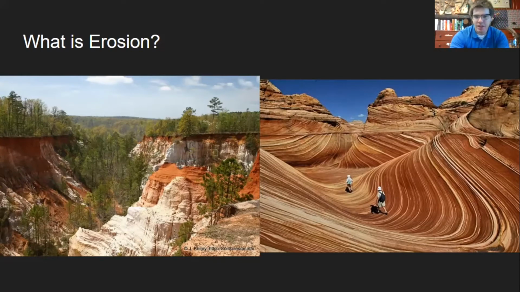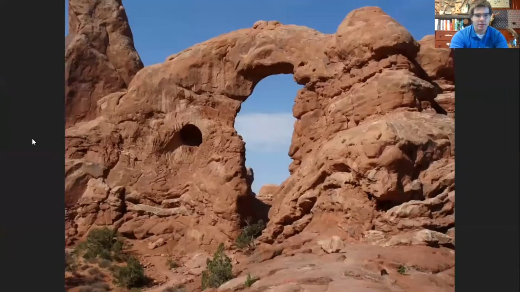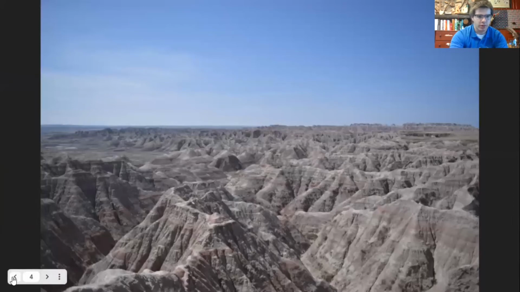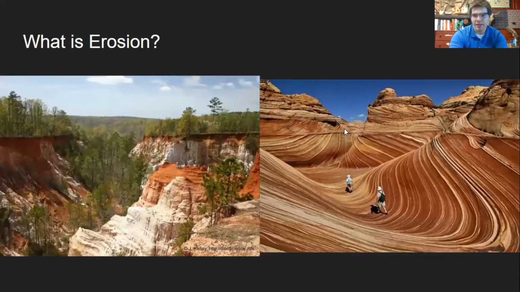Wind actually is what's causing over here. This is called the Wave. It's a rock formation in northern Arizona, and that is all caused by wind. So those bands of rock there that you see, that's caused by wind. So wind erodes away rock.